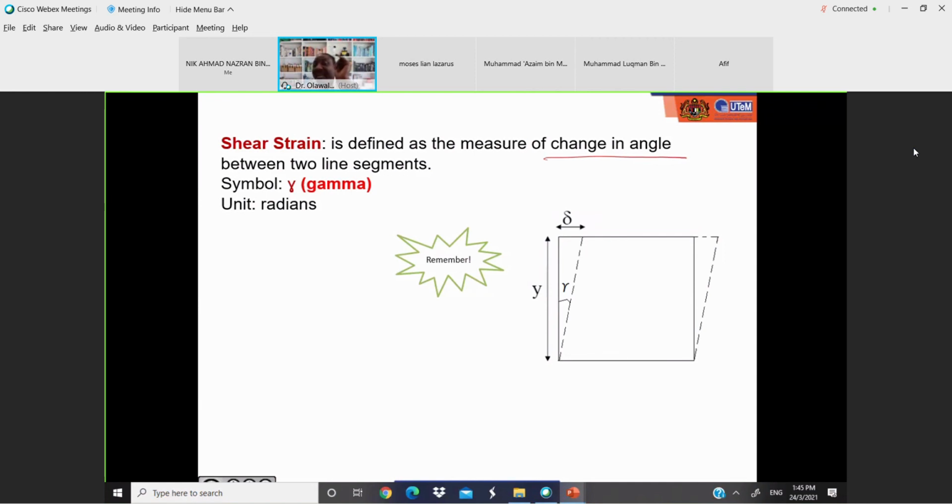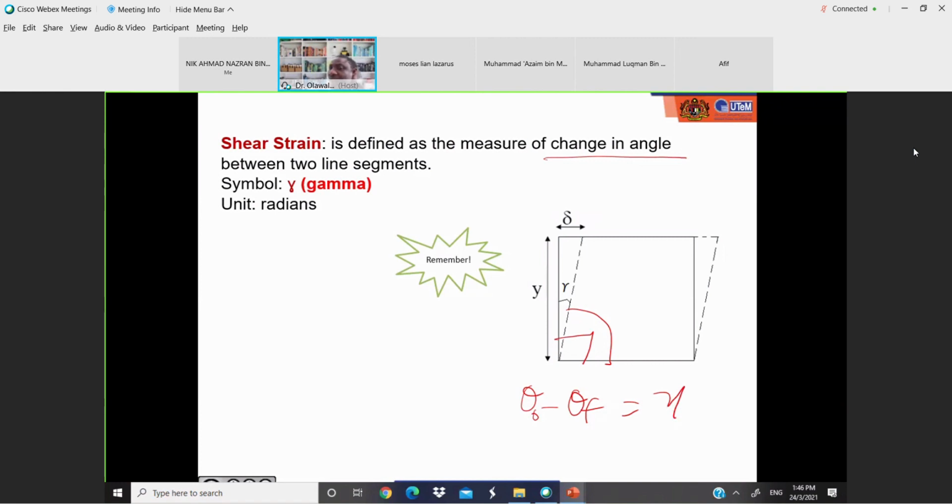For shear strain, change in angle only. So shear strain is defined as a measure of change in angle between two line segments. This is the original angle, this is the final angle.